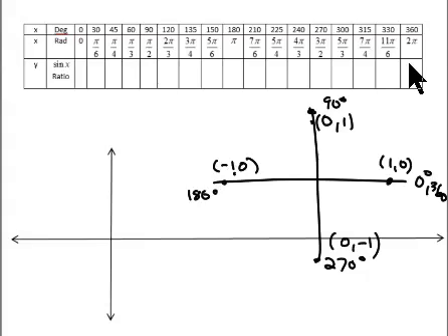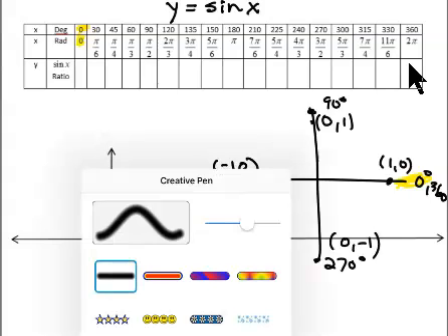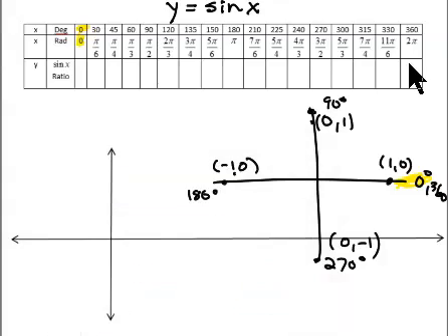Okay, so if we start here by graphing y equals the sine of x, the sine at 0 degrees, which is also 0 in radians, is 0.